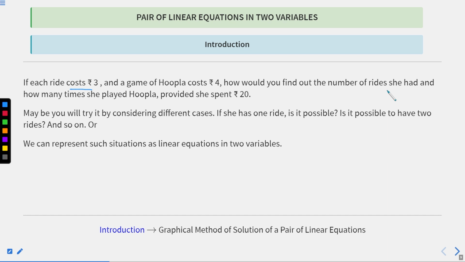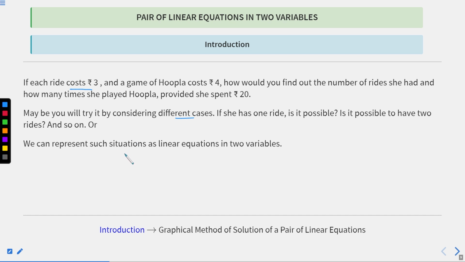Maybe we will try it by considering different cases. If she has one ride, is it possible, or is it possible to have two rides, and so on? Or we can represent such a situation as linear equations in two variables.